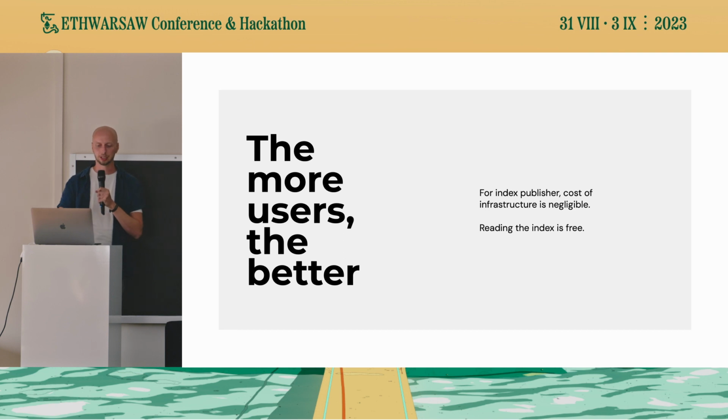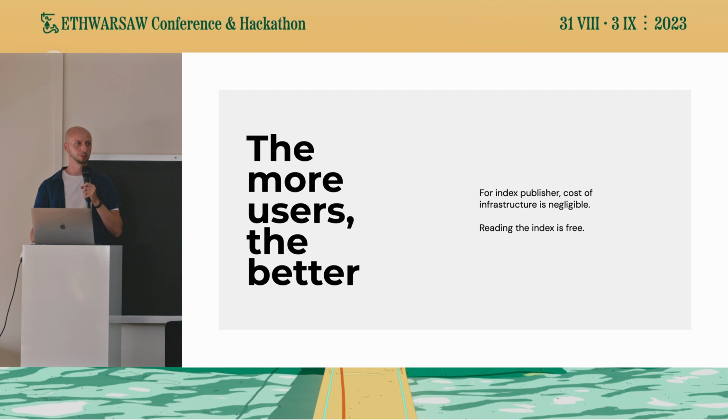Another interesting thing is that with IPFS, the more users you get, the better. Because the more users, the easier it is to fetch chunks. Well, in Web 2 world, the more users you get, the higher network fees you have to cover.